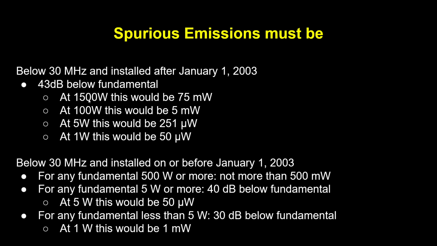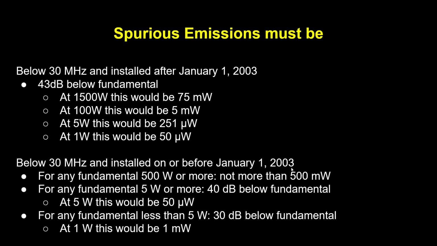If you are transmitting legal limit, your harmonics or any other signals besides the fundamental might go up to 75 milliwatts. At 100 watts it's still 5 microwatts, and then at 5 watts it's 251 microwatts, and 1 watt is 50 microwatts.